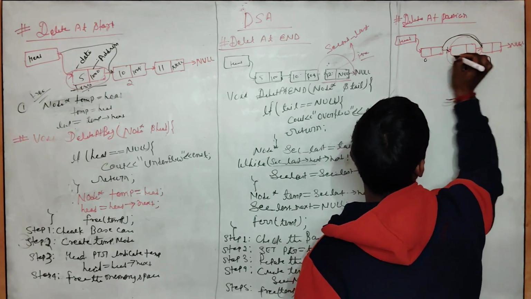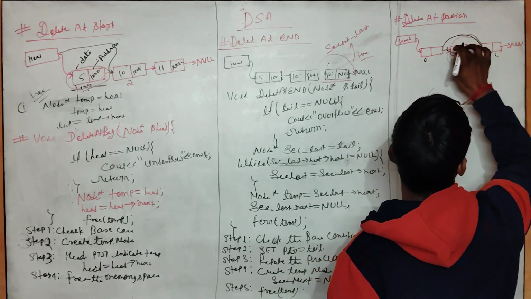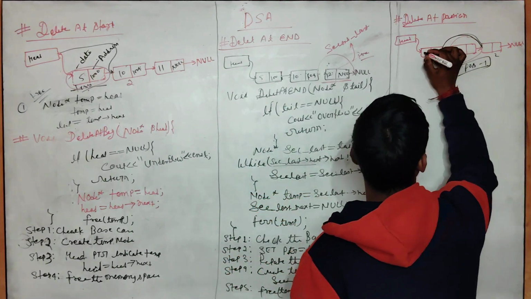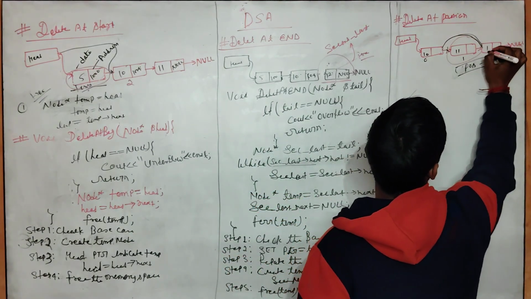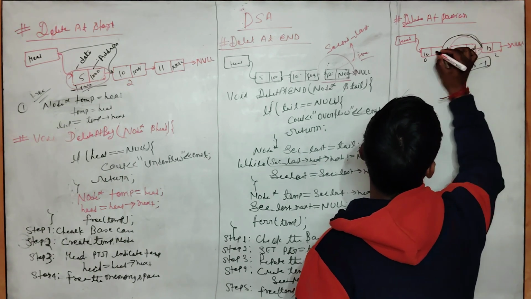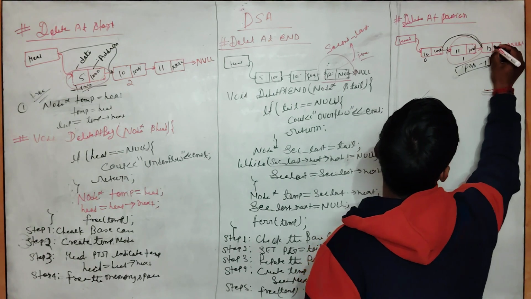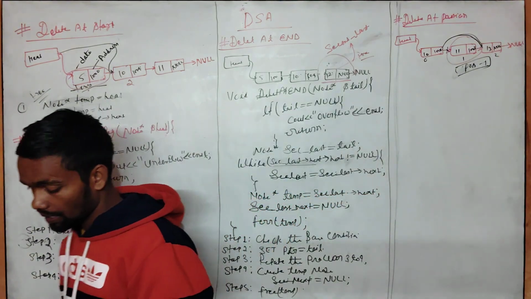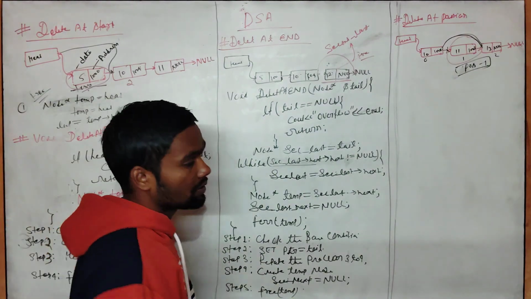Suppose the nodes are 0, 1, 2, and I want to delete node 1. Suppose we have some values 10, 11, 30, 0, 8, 0, 4 and a null value. How can we delete this node?